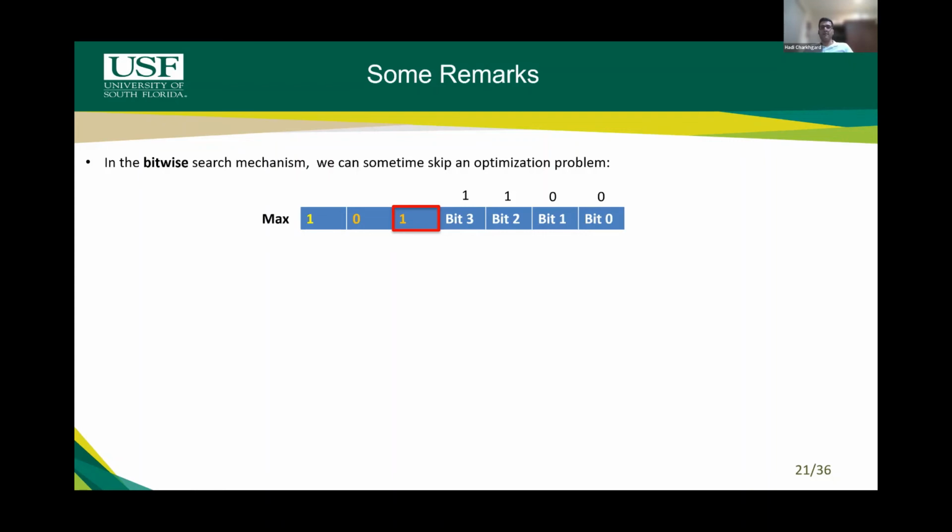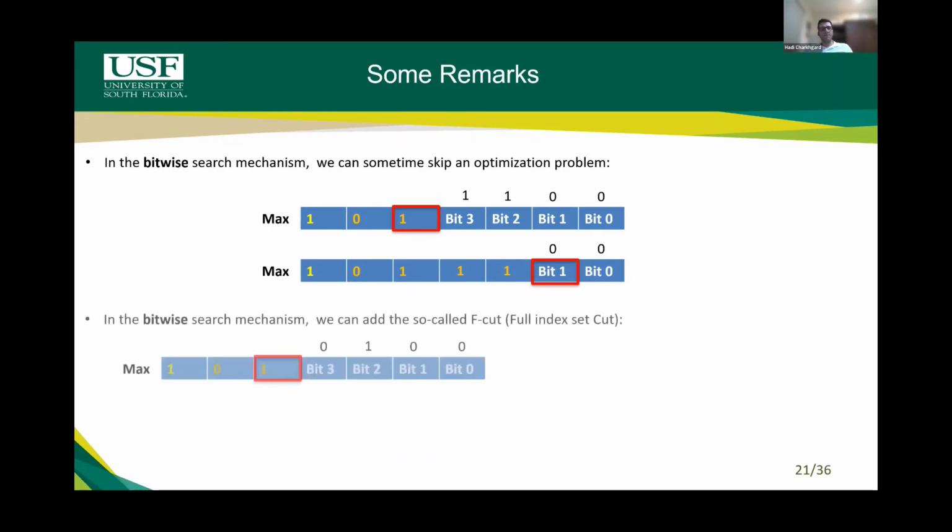Ideal value is 1. So you don't need to search bit number 3. You also don't need to search bit number 2, because you already have a solution where bit number 2 is getting its ideal value. So I skip bit number 3 and 2, immediately go to bit number 1 and calculate that. So I skip the optimization problem.